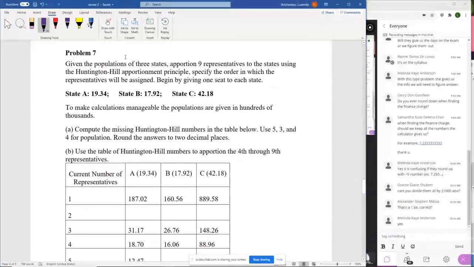Okay, so given the population of 3 states, apportion 9 representatives to the states using the Huntington-Hill apportionment principle. Specify the order in which the representatives will be assigned. Begin by giving 1 seat to each state.